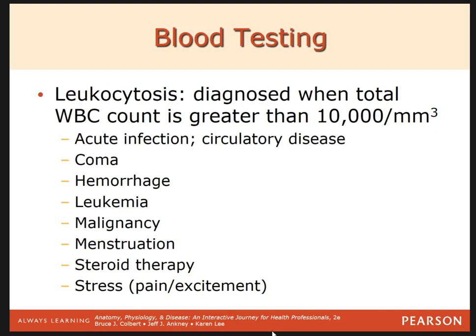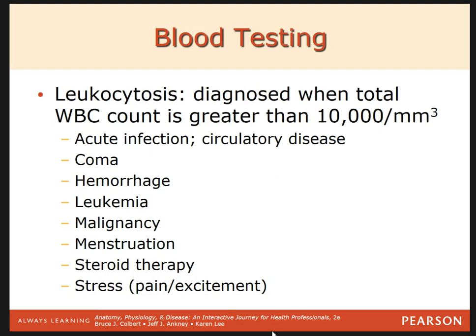In leukocytosis, or elevated numbers of white blood cells, when they do a blood test to determine the white blood cell count, we find that it's greater than 10,000 cells per millimeter cubed, and that generally can be caused by an infection. Your white blood cells go into overproduction to try to kill off any kind of foreign invader during an infection, so that would increase your white count.